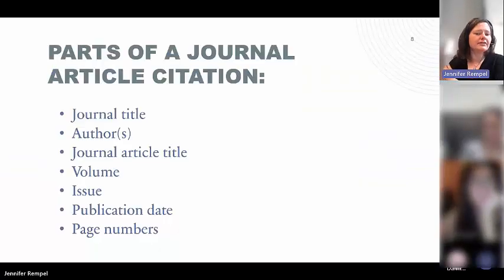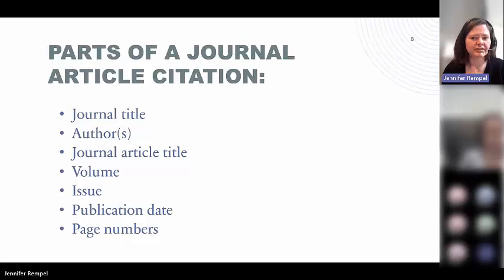So when you're wanting to find full text in particular, before we really get into our searching today, we want to clarify, continuing on from last week with our terminology, just what are the parts of a journal article citation? When you're looking for full text of an item, you need to know specific details, metadata they call it, right? Data about data, information about an article that was published.